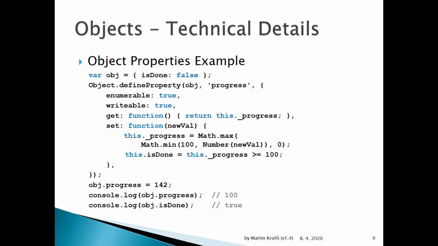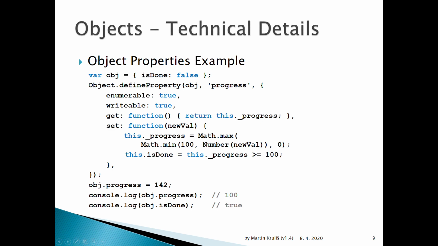So it's probably a percentile progress. And if the progress is equal to 100, then isDone is set to true. You can see it's actually setting the isDone flag according to this expression: if the progress is less than 100, it sets isDone to false again.